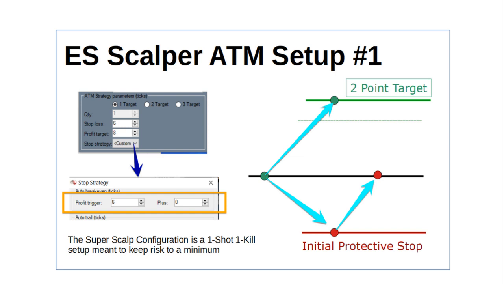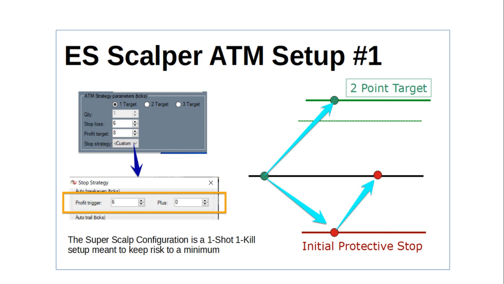So this first ATM setup is designed to basically get an initial stop in and put an initial target in, and when price makes a certain move in your favor, it ratchets the stop a little bit. Okay, so it's a little three-pronged deal here. Initial stop, target, and one price ratchet of the stop.